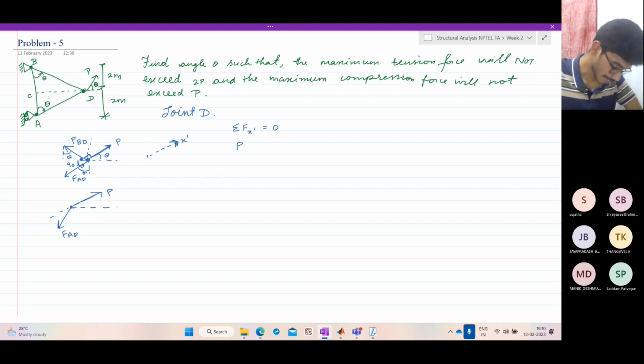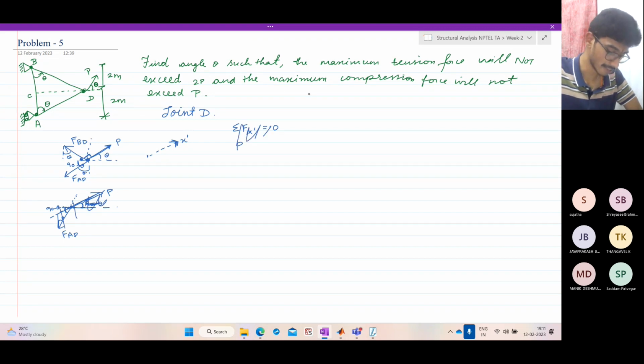We also know that this angle is theta, and this angle is 90 minus theta. And this should be then 90 minus theta. Correct? No, this is not 90 minus theta. Okay, never mind. You don't need to worry about that.